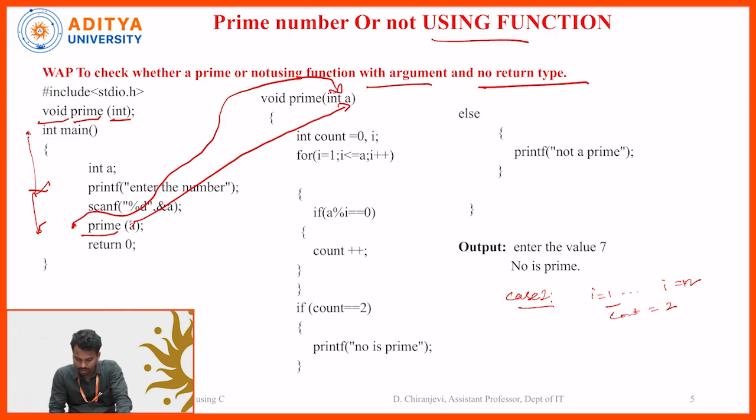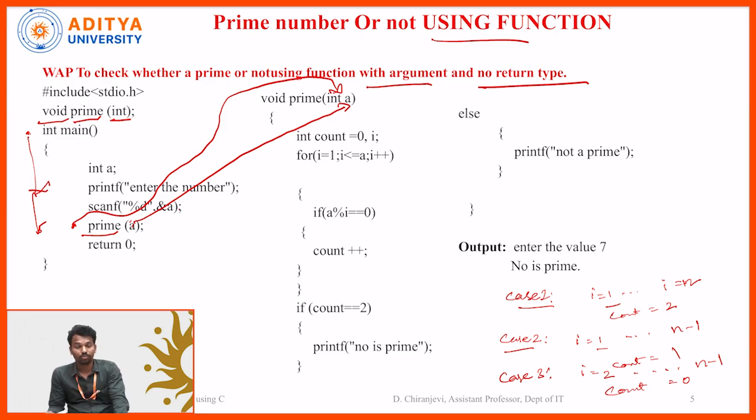Case 2: you start at i equal to 1, you go up to n minus 1. In this case, only 1 is a factor, so the count value will be 1. Case 3: you start at i value 2 and go up to n minus 1. In this case, the count value is 0 factors.